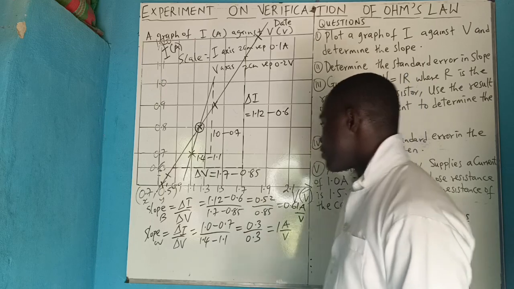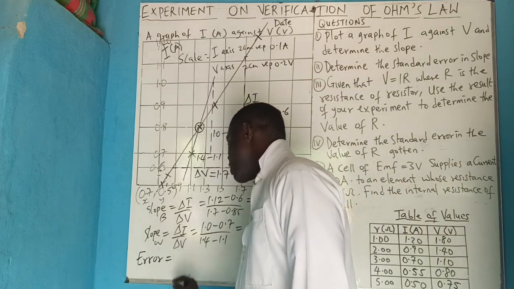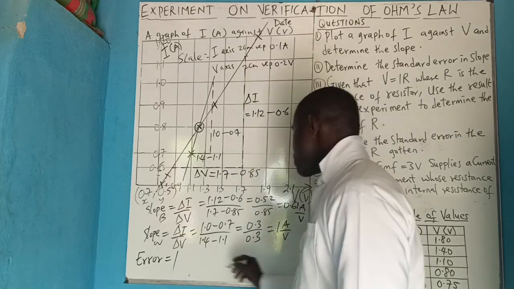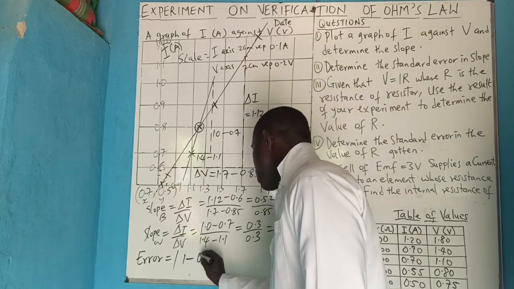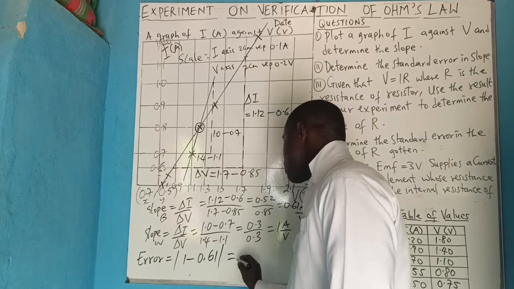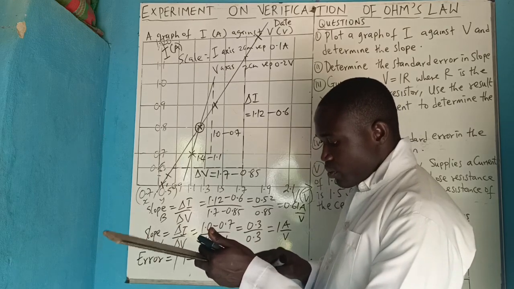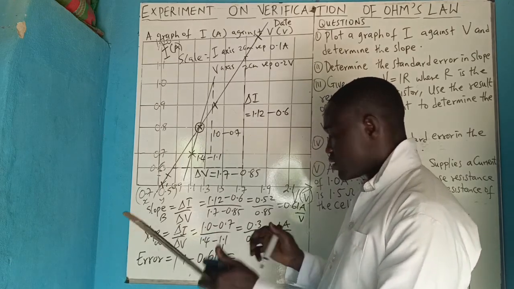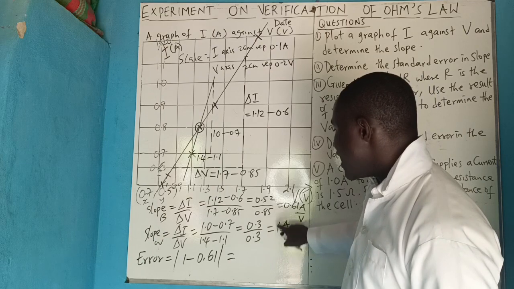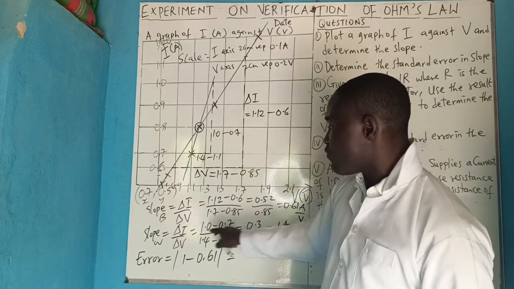Now the error in slope will be equal to 1 minus 0.61, modulus. So that means get the difference of the slope of the line of best fit and the slope of the line of worst fit.